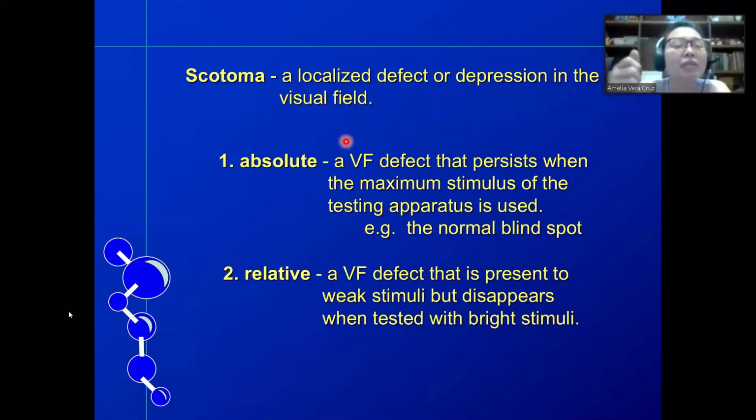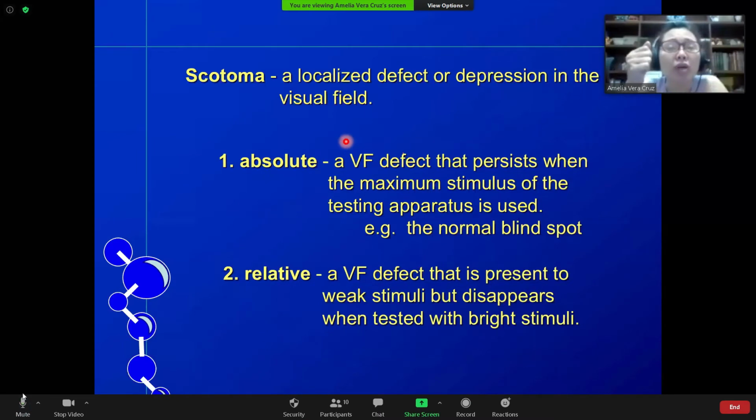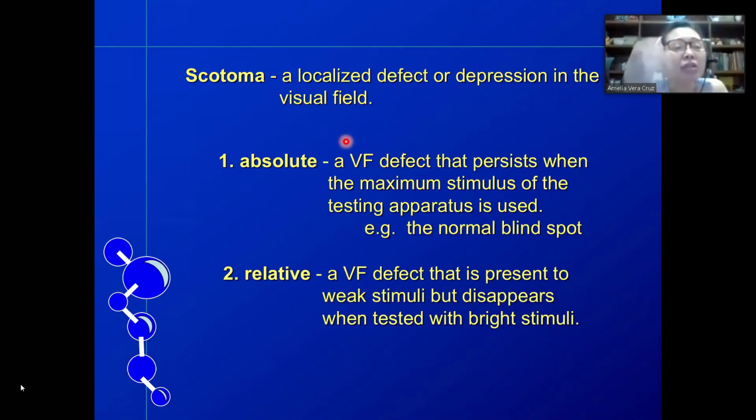Kasi pag sa perimetry, once the patient sees the light, magpe-press siya. Now, pag hindi niya talaga nakikita ang light, hindi yan magpe-press. So if the patient won't press, the machine now will check if that patient is just malingering or not, just pressing, or the machine will go back to the blind spot again to check. Compare niya parati yan. Yun ang ginagawa ng machine.